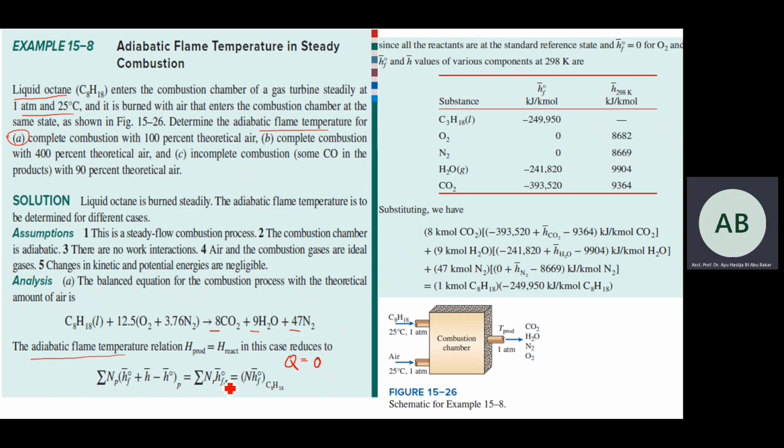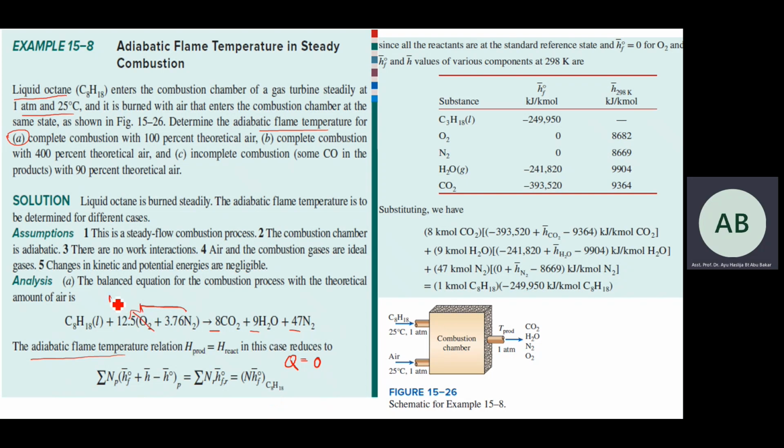The reactant is equivalent to only liquid octane, because for O2 and N2 there is no sensible heat and the heat of formation equals 0.